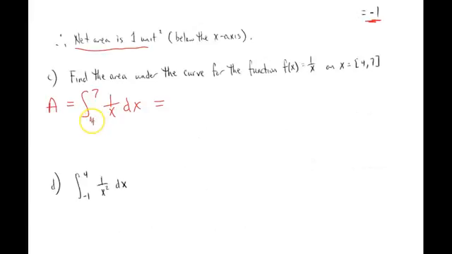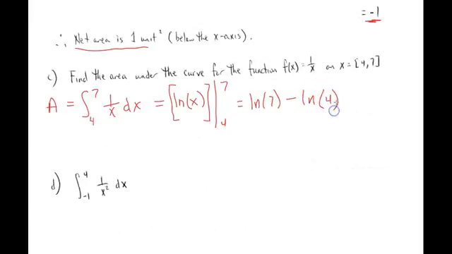And since the limits of integration that we're considering here are all positive numbers, then we don't have to worry about the absolute value of x part. So here what we can say is that the antiderivative of 1 over x in this situation is actually just natural log of x, and we can evaluate that from 4 to 7, which means we have natural log of 7 minus natural log of 4.